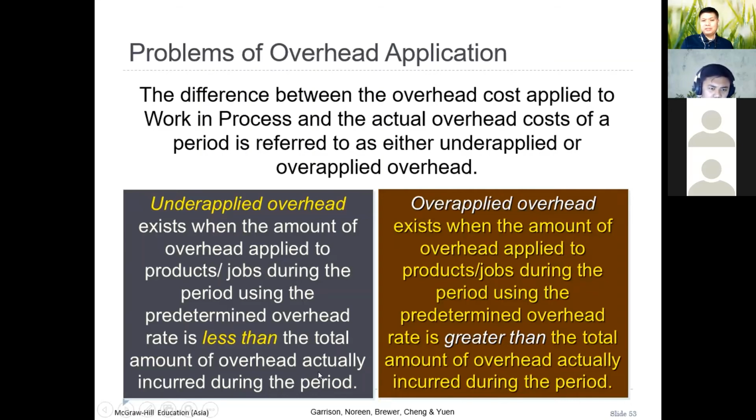Like yung sa example natin kanina, you applied, let us say, 100,000. Ang actual is 120,000. So you under-applied. Ito naman. Over-applied overhead exists when the amount of overhead applied is greater than the total amount of overhead actually incurred. Like you applied 100, pero you actually incurred 80,000 lang. So you over-applied.